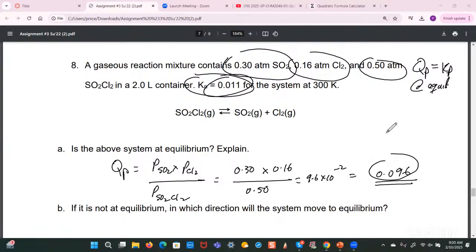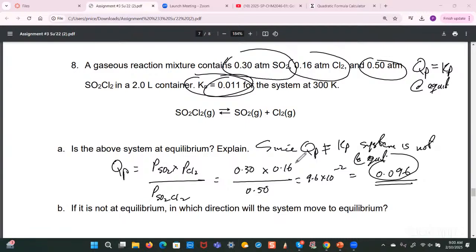So what does that tell us? Exactly. Since Qp is not equal to Kp, the system is not at equilibrium. All right?